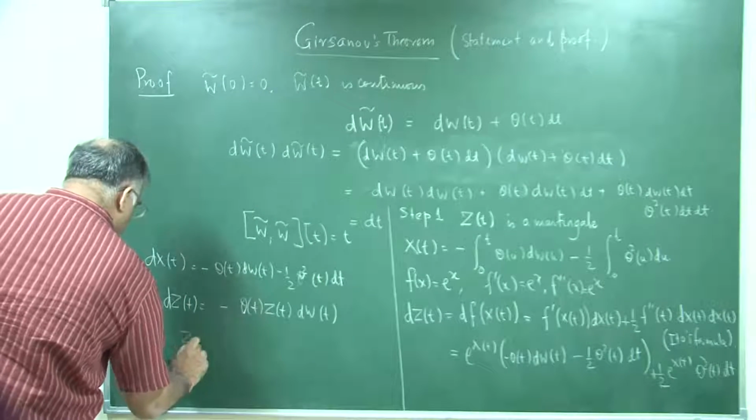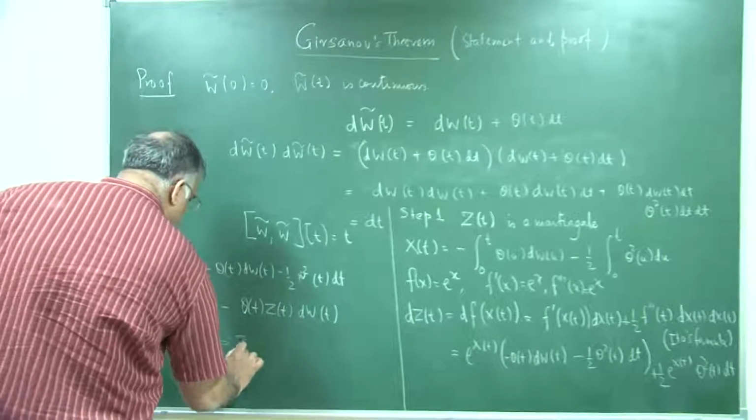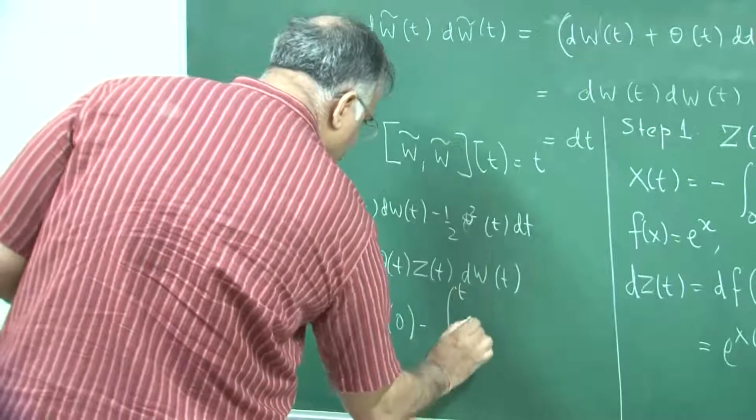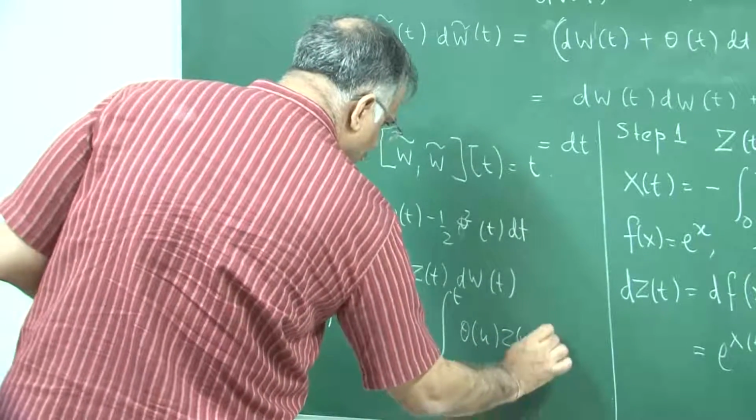So, if you write it in the form of the Ito integral, zt is z0 minus integral 0 to t theta u zu dwu.